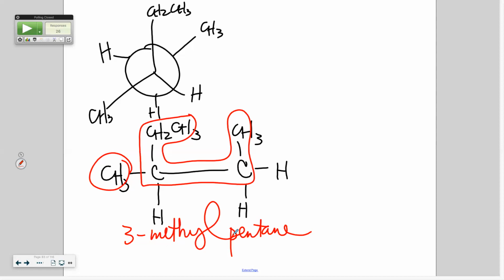Put them in the same form, and that usually makes it easier to tell. Okay, do it very carefully. Do it very slowly. I don't expect you to look at that and be able to name it. It took me years of practice to be able to do that. But you should be able to redraw it in a form that you're more familiar with.